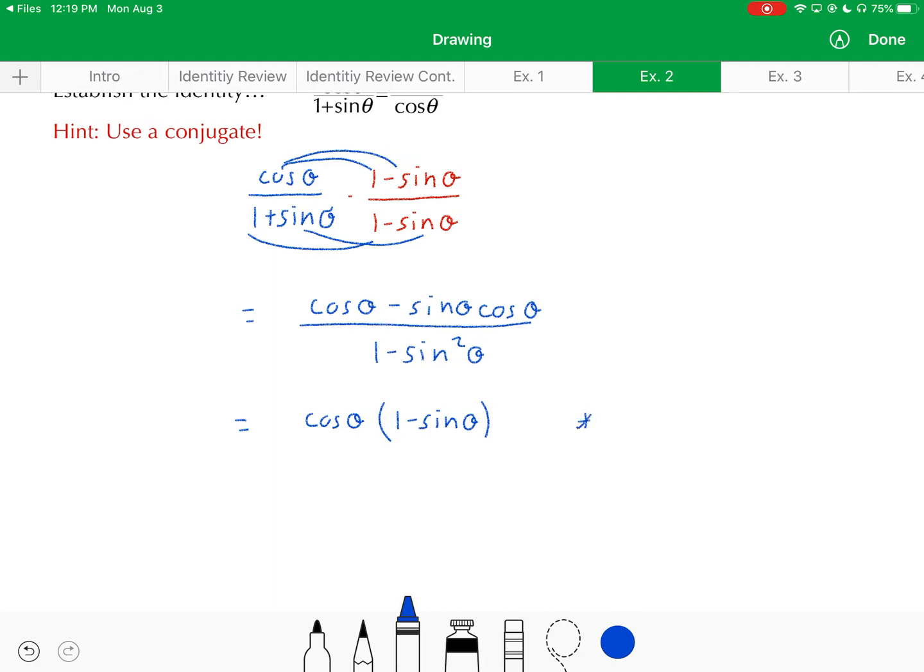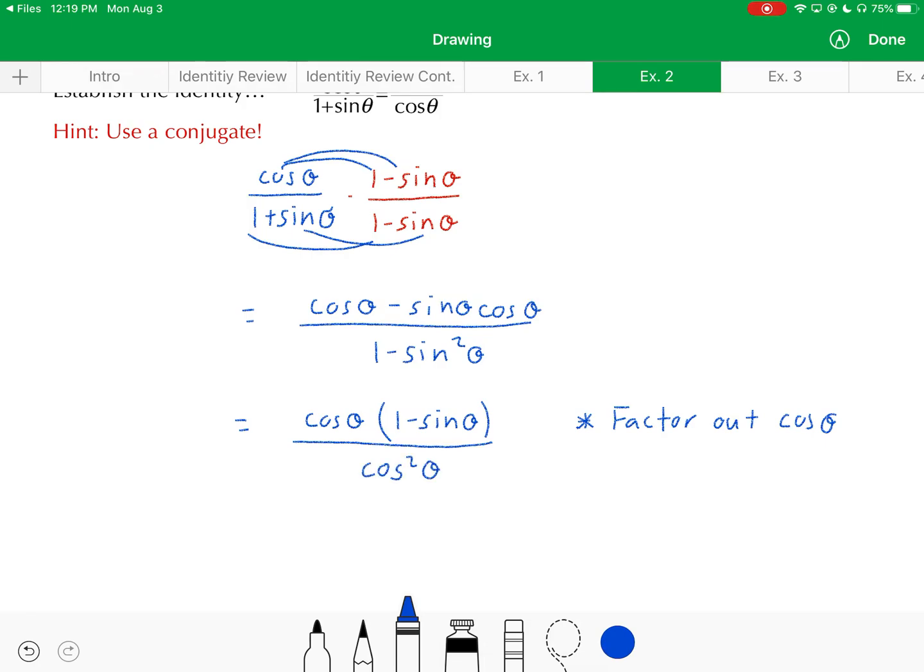Okay, so again, let me just say I factored out cosine of theta. And then in the denominator, 1 minus sine squared of theta, you can use a Pythagorean identity on. Okay, that is equivalent to cosine squared of theta.